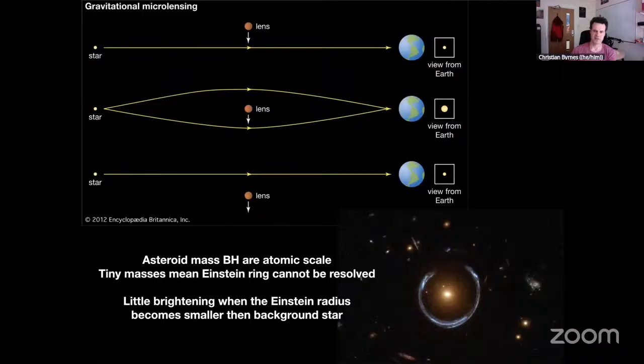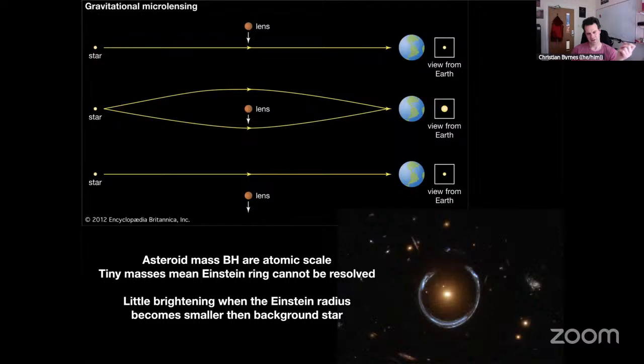So what is this gravitational microlensing? Well, it's a lensing effect which is too small to be seen in terms of any distortion of the image. So this is not even weak lensing where you slightly distort the shape of the galaxy. It's certainly not strong lensing like this Einstein arc, but rather it's when you've got a relatively small mass object moving in between you and a background star.